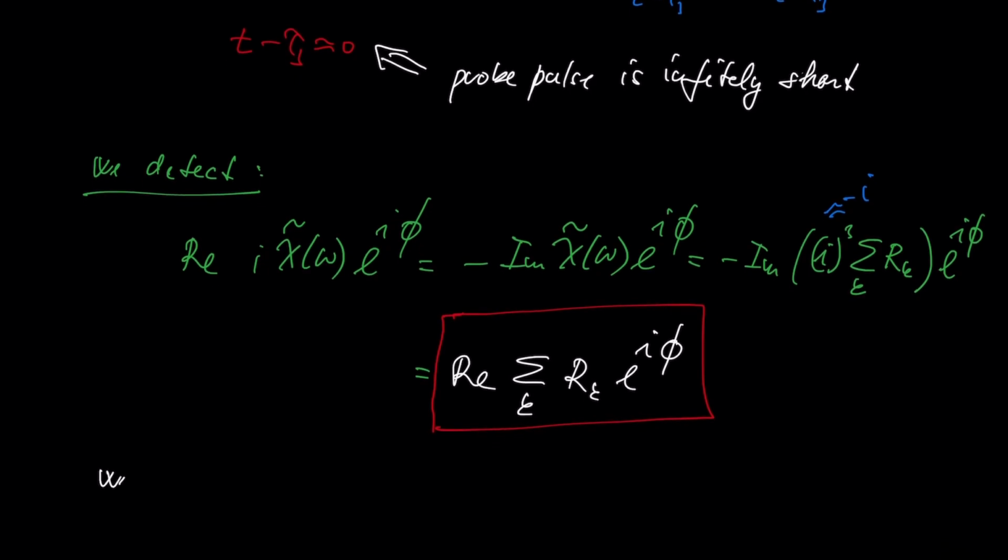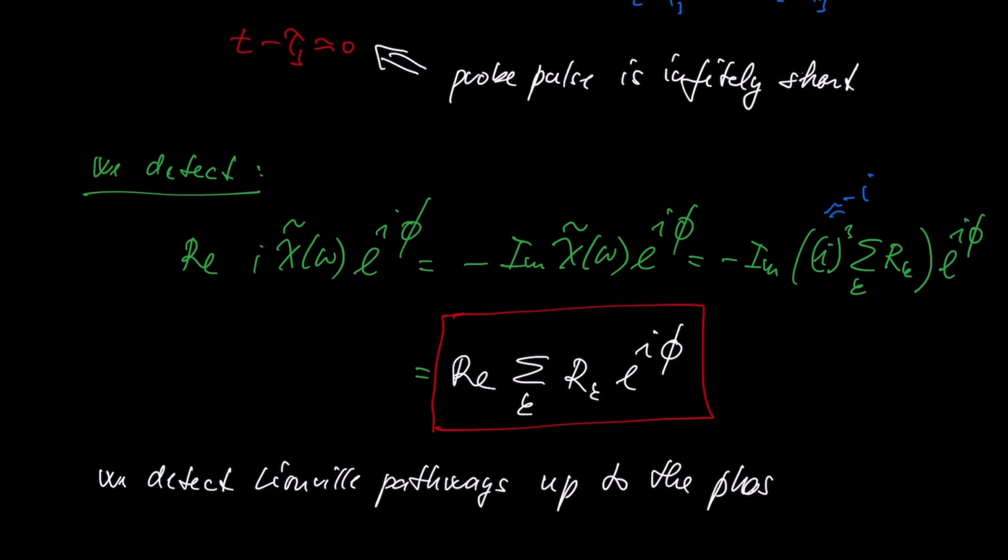So, the conclusion is that we detect Liouville pathways, always the sum of either rephasing or non-rephasing pathways, because we can measure positive and negative delay between the first two pulses, that is pulse 1 with K1 first and K2 second, or K2 first and K1 second. This can be arranged, so we can detect Liouville pathways up to the phase factor.